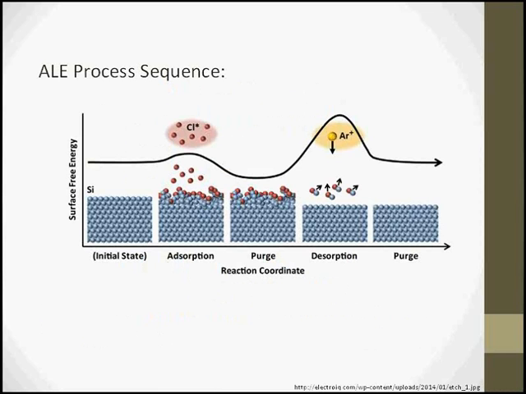And so the way ALE does this is that it uses different stages. So we'll initially introduce reactive radicals that will adsorb to the surface and attack the substrate, but it needs to be a self-limiting reaction. So this can't be a chemical reaction that's going to continue to spontaneously etch and keep etching on its own.